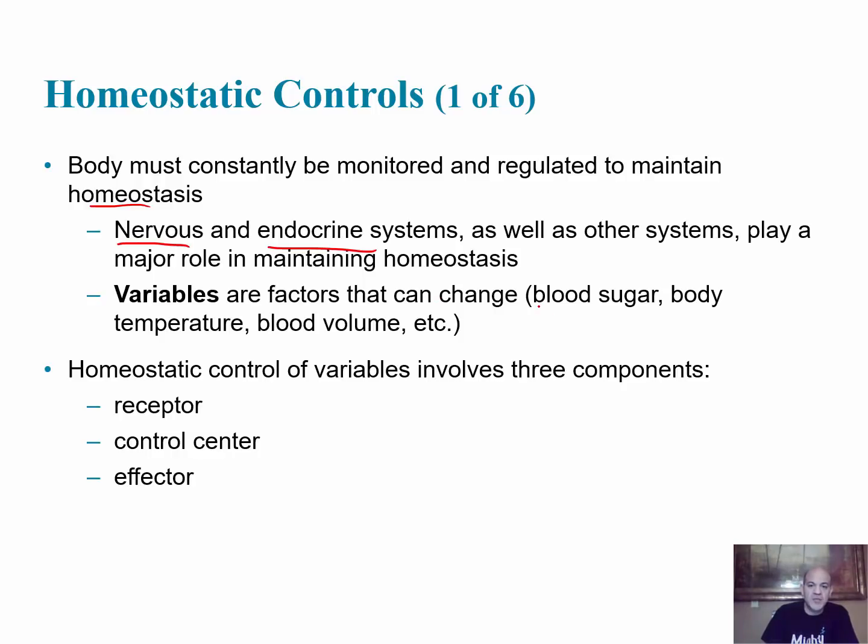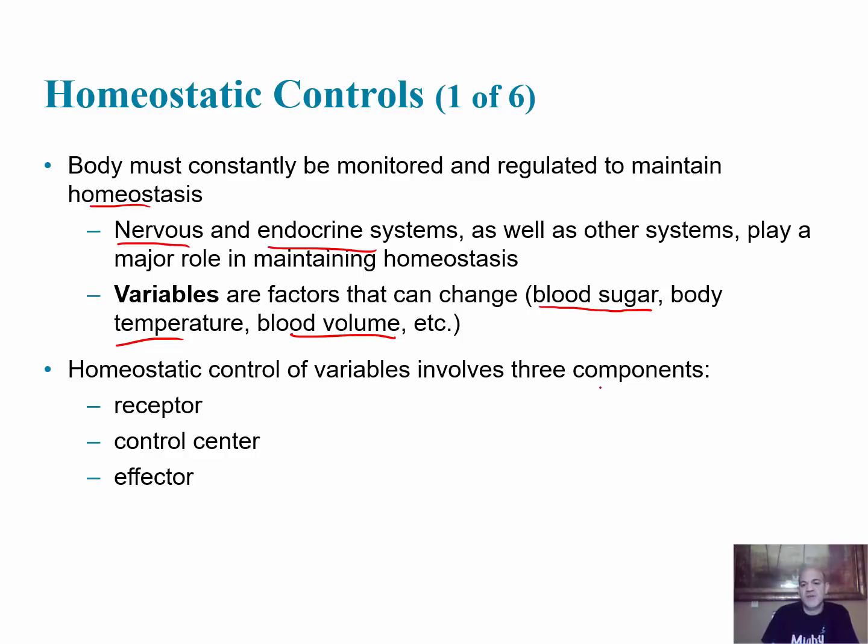For example, your blood sugar changes throughout the day. After a meal, or if you haven't had a meal in a while, the blood sugar levels are going to change and they need to be maintained. Body temperature, blood volume, and many other variables are constantly under monitoring, and your body is constantly working to maintain homeostatic control over these variables.